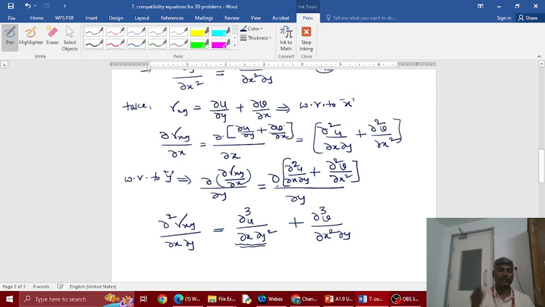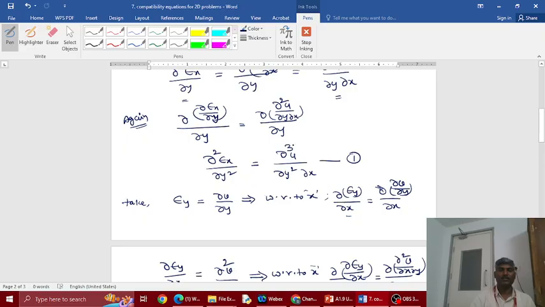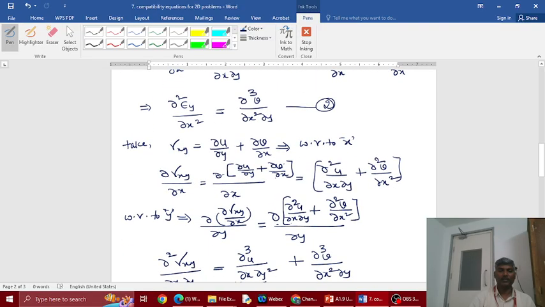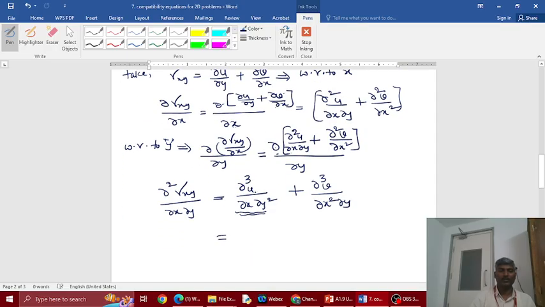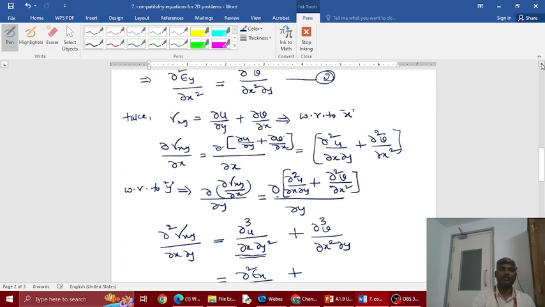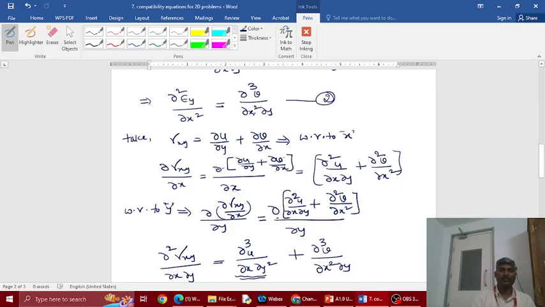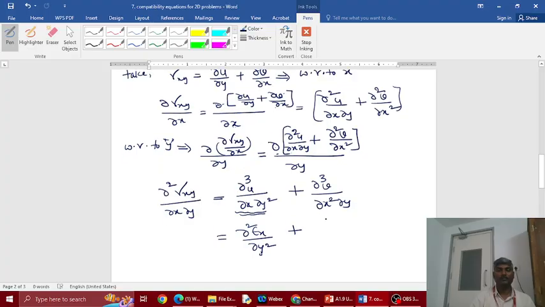So what are these terms? From the earlier relations, ∂²epsilon x/∂y² equals ∂³u/∂y²∂x, which we got in equation 1. So you can replace this term with ∂²epsilon x/∂y². In the second equation that we derived, ∂³v/∂x²∂y can be written as ∂²epsilon y/∂x².